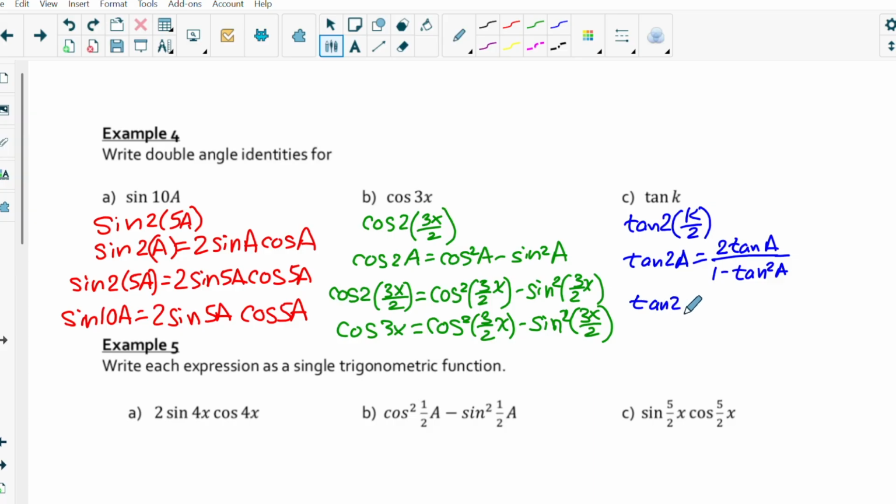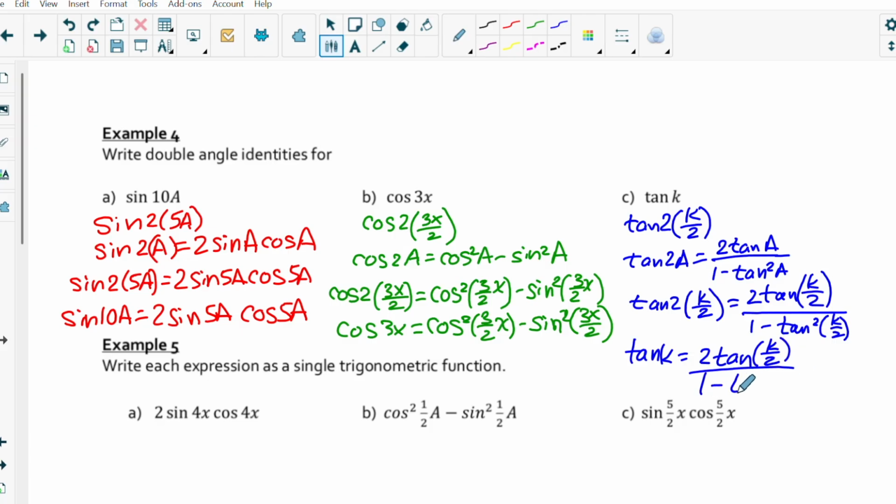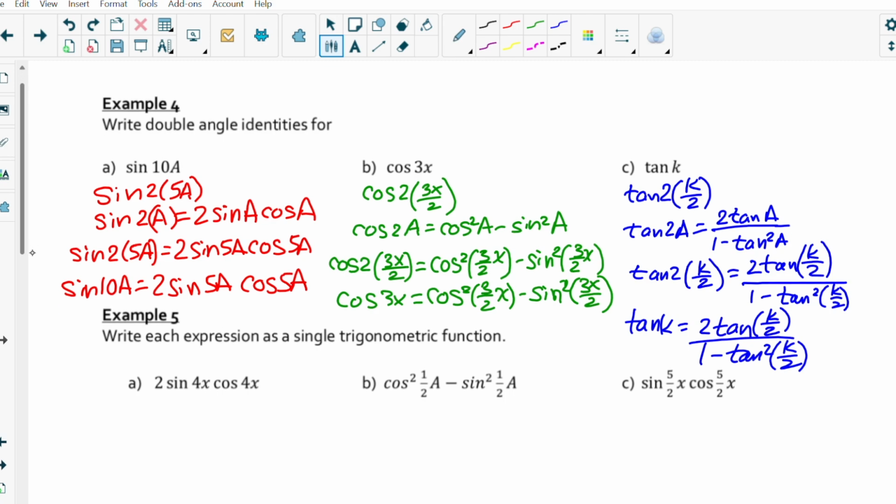So tangent of 2 times k over 2 equals 2 tangent of k over 2 divided by 1 minus tangent squared of k over 2. And let me simplify the left side: that's just tangent of k equals all of this again. All right, so that's writing double angle identities for 3 basic terms.